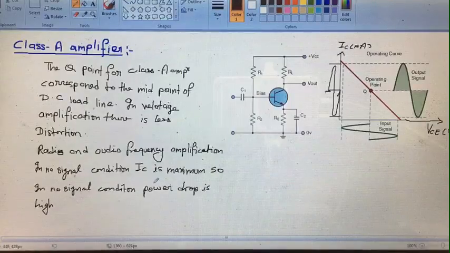However, the output power and the frequency are low. It means the power output is less and the frequency is also low, and the power dissipation in no signal condition is too high, which is a burst condition for this amplifier.